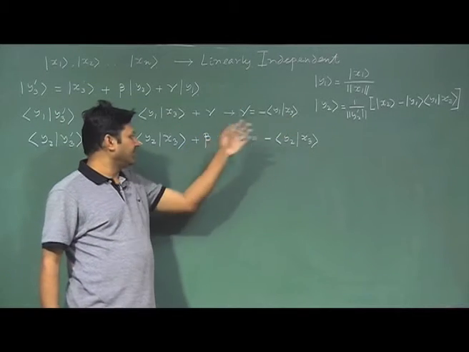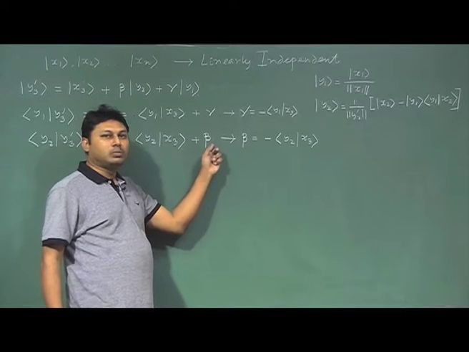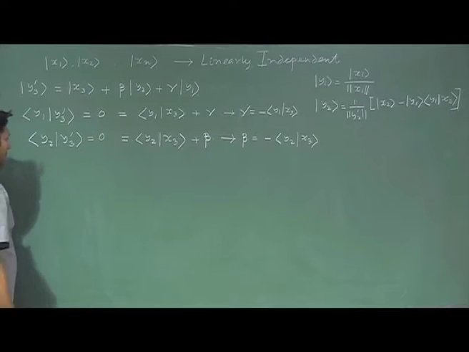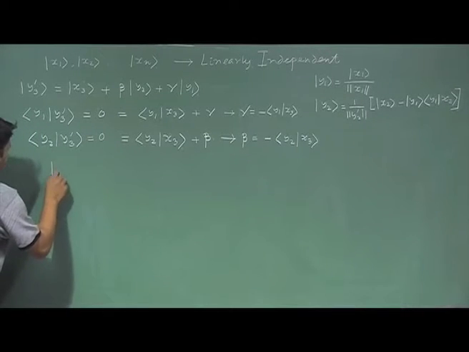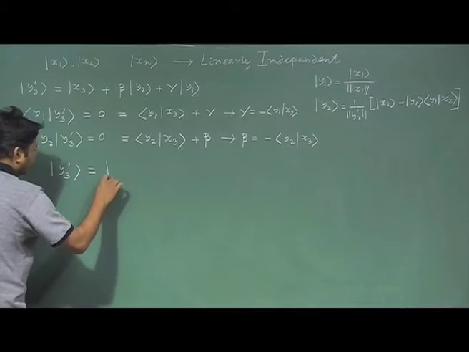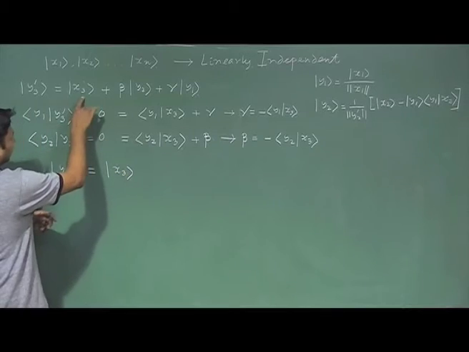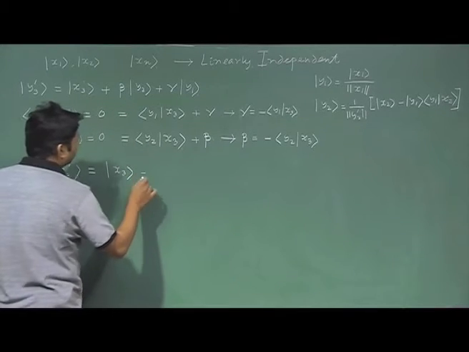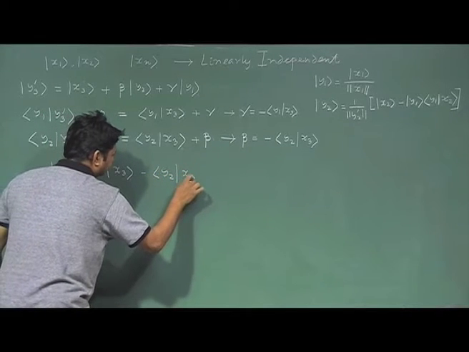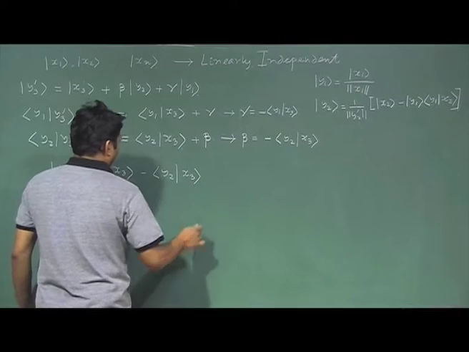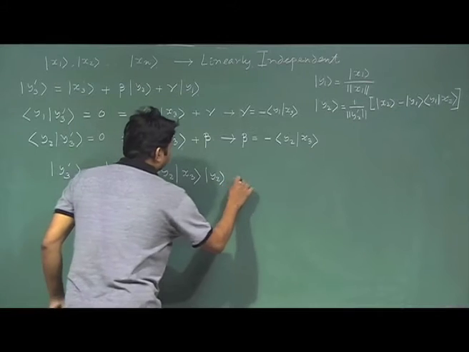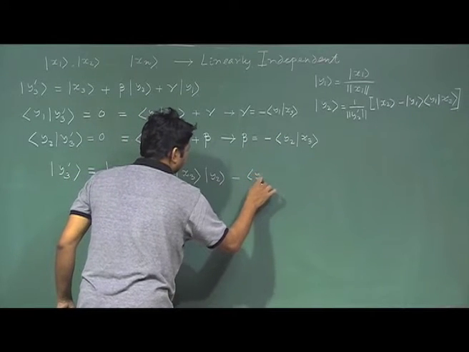Alpha I used in this case. Here I put two new scalars, which are this, and I can also figure them out. So now I will find what my y3 prime is finally. First, y3 prime is x3, this one, then beta, which I figured out is that, and gamma is this, which I also calculated.